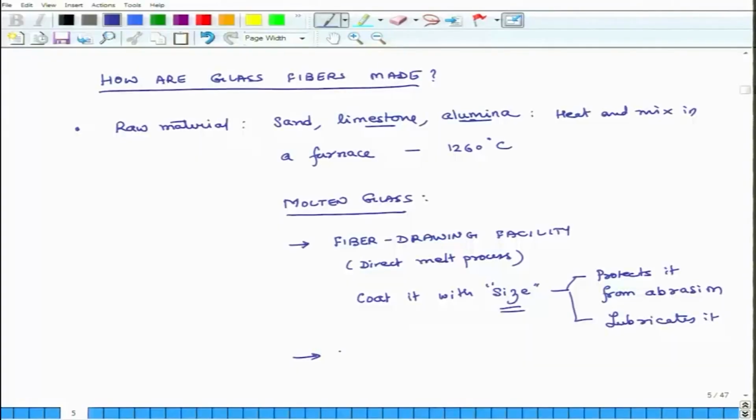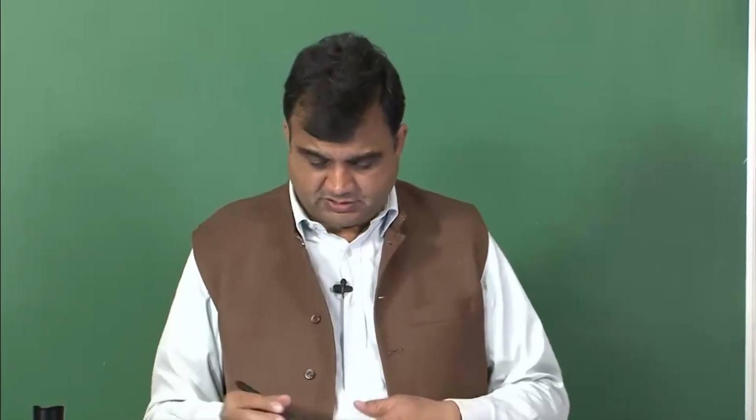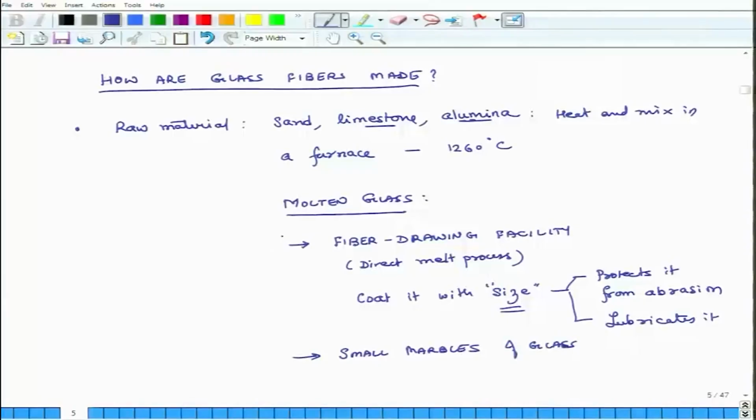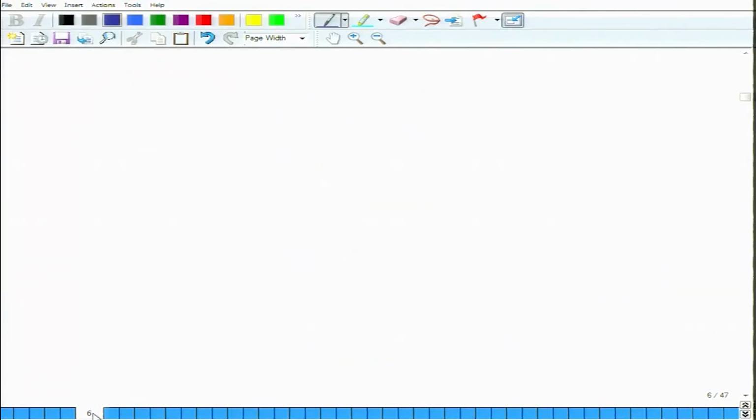In those places they make small marbles of glass, and these small marbles are shipped to another place where they are again melted and fiber is drawn. In this way you make continuous long fibers.